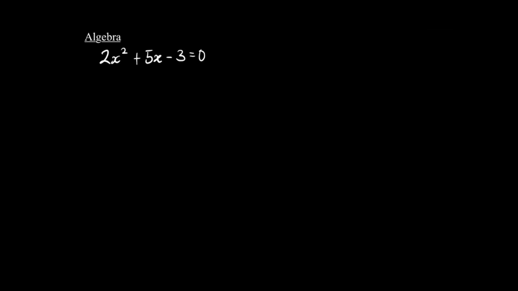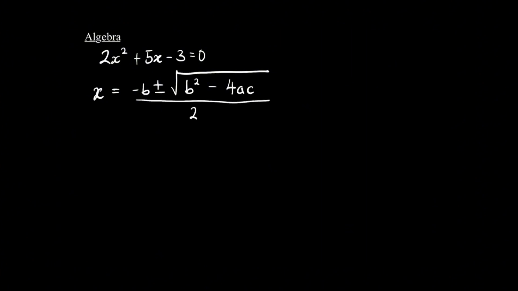The easiest way to solve this would be to use the quadratic formula, which is x equals negative b plus or minus the square root of b squared minus 4ac, all this divided by 2a. Now we'll compare the equation that was given to us in the question with the general form of the quadratic equation, which is ax squared plus bx plus c equals 0.